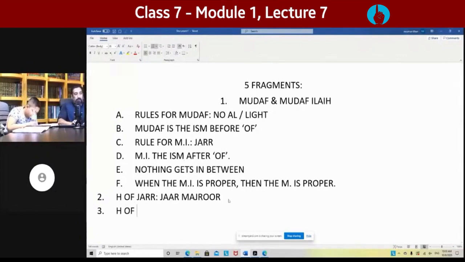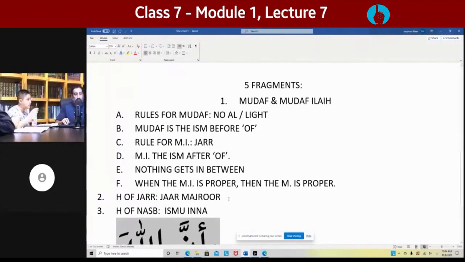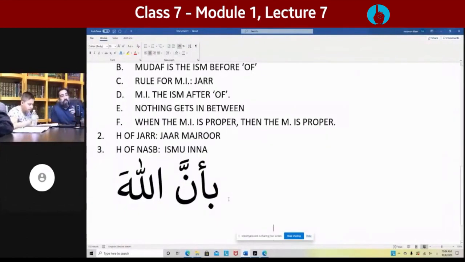Third is harf of nasab. And its victim, whoever it beats up, is called ismu inna. Ismu inna, ismu anna, ismu ka'anna, ismu bi anna. Whatever word was there, ismu whatever. So if I said bi anna Allah, the word bi anna is a harf of nasab, and the word Allah became nasab.